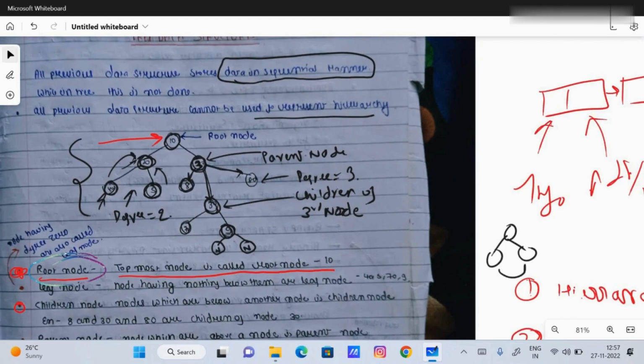Let's suppose A, B, C. So B and C are the children of A, and A is the parent of B and C.